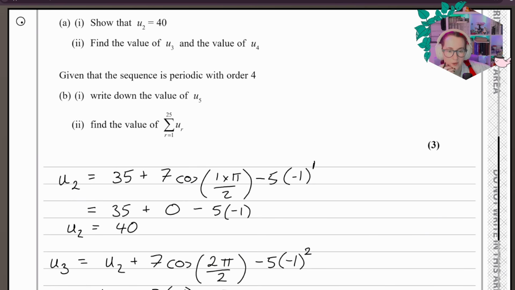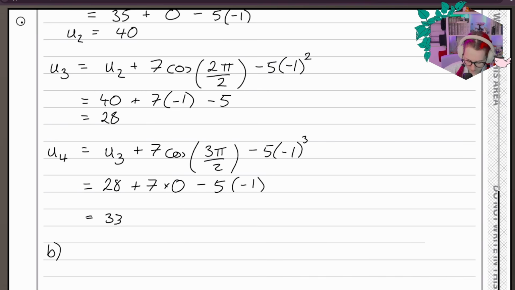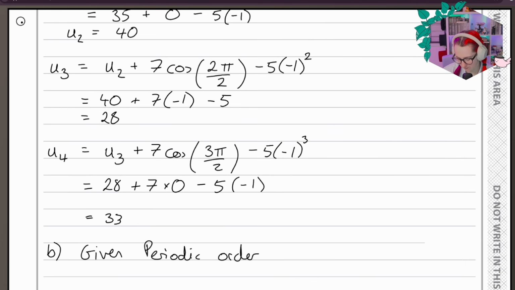Given that the sequence is periodic with order 4, write down the value of U5 and find the value of the sum from r equals 1 to 25 of U(r). So, part B. It's periodic order 4, which means every fourth one repeats.